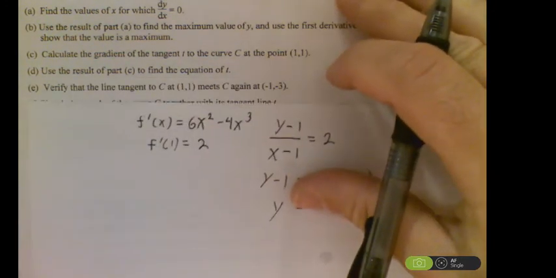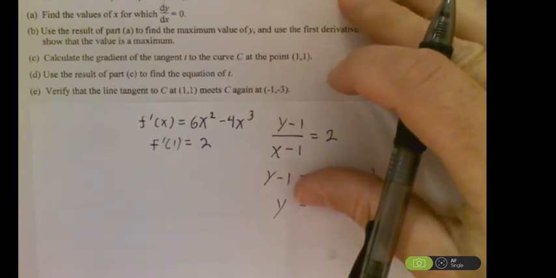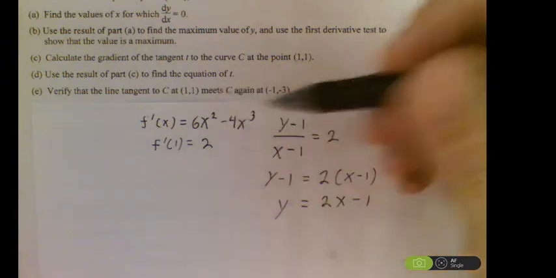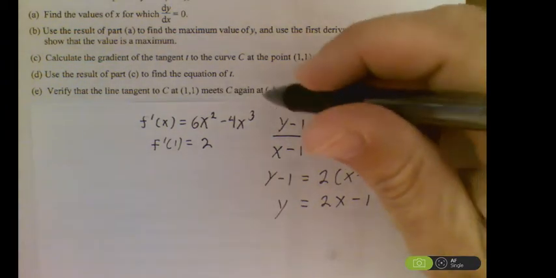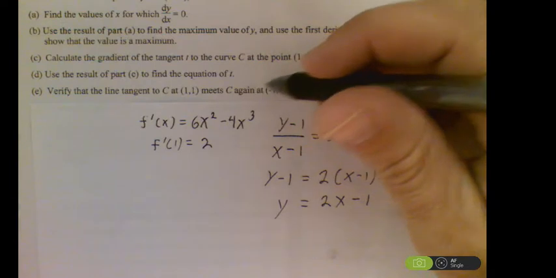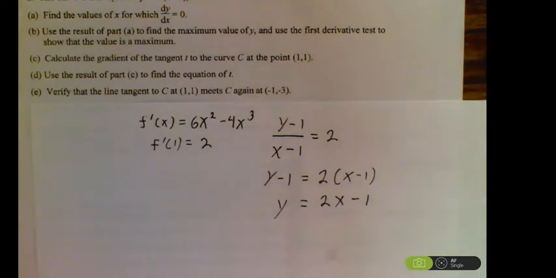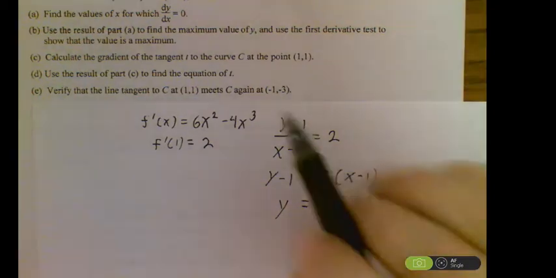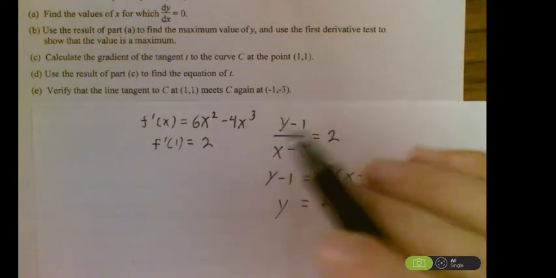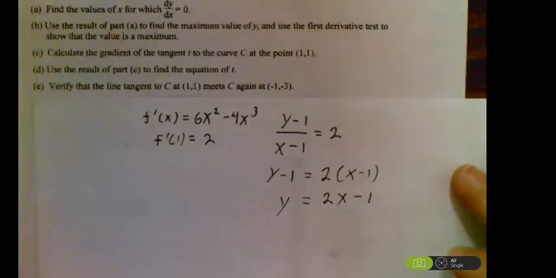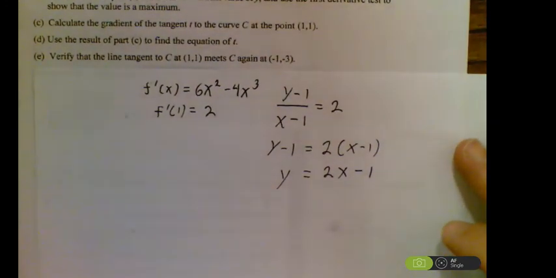So going on to part E, verify that the line tangent to C at 1, 1, which is what we've already done, meets line C again at -1, -3. And so we just want to show that there's a common point there. So just doing a little number testing, we're just verifying that this point is on line C. So all we have to do is really just test the numbers and make sure they fit.